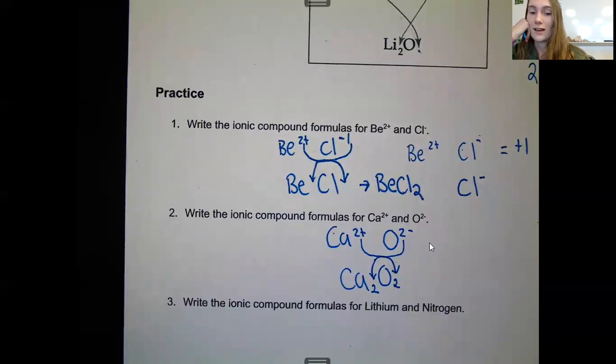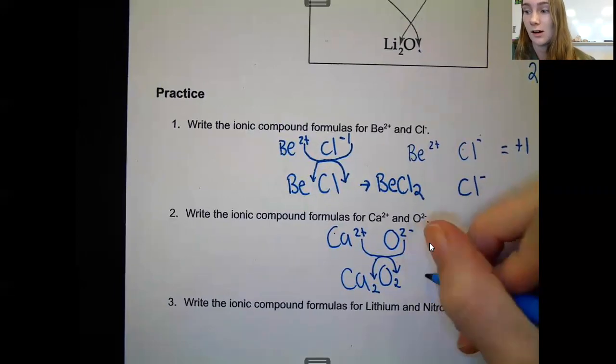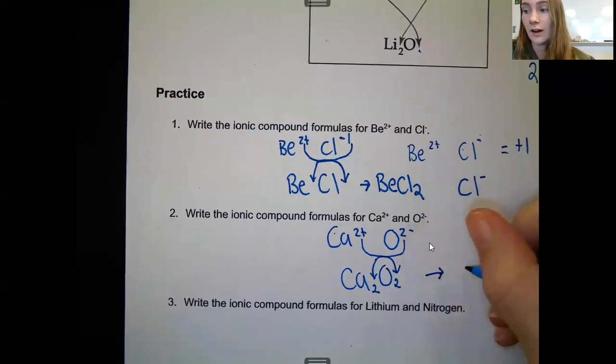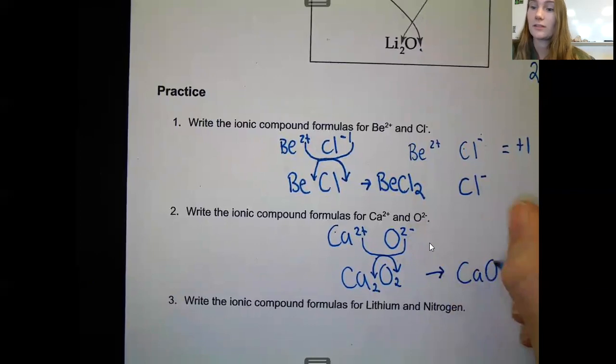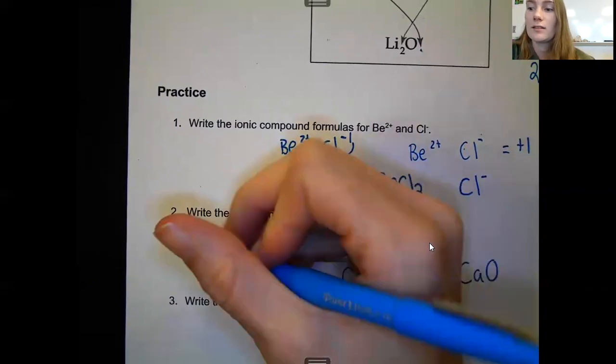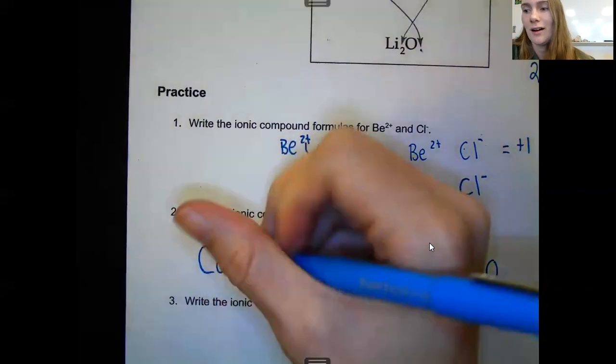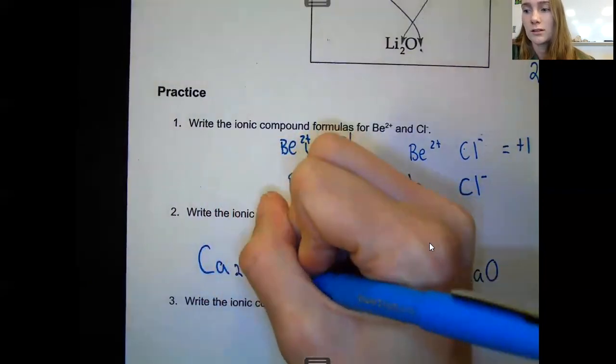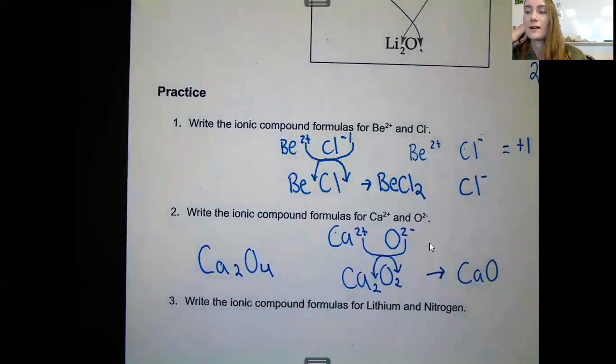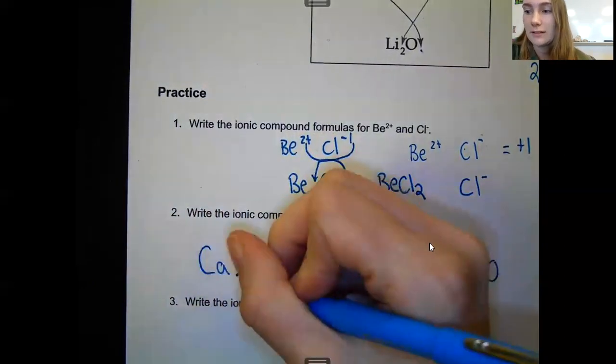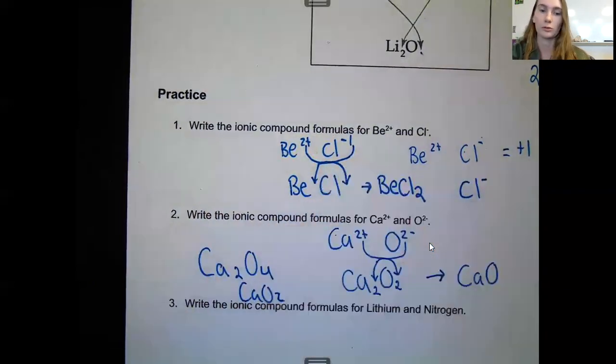So if we can reduce this so that our common denominators are canceled out, they'll do it. Say you had, and this isn't something that would happen, Ca2O4, you would find the common denominator and reduce. So it'd be CaO2 when you reduced it.